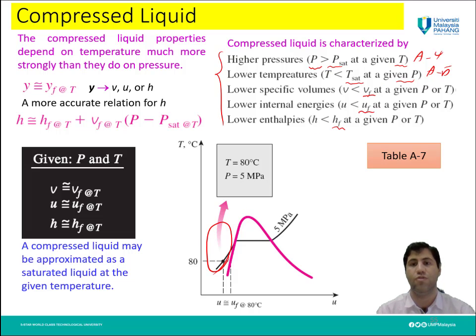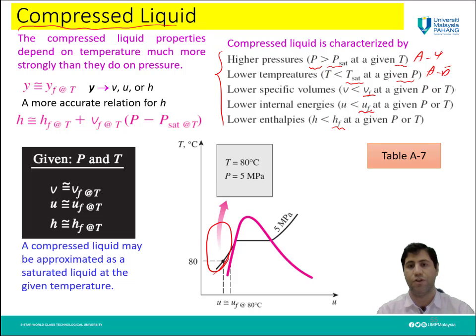Again, you need to go to the table and check, for the given pressure or temperature, whether the specific volume which you have is less than the specific volume for saturated liquid at that pressure or temperature. If it is less than that, it means it is in the compressed liquid region.